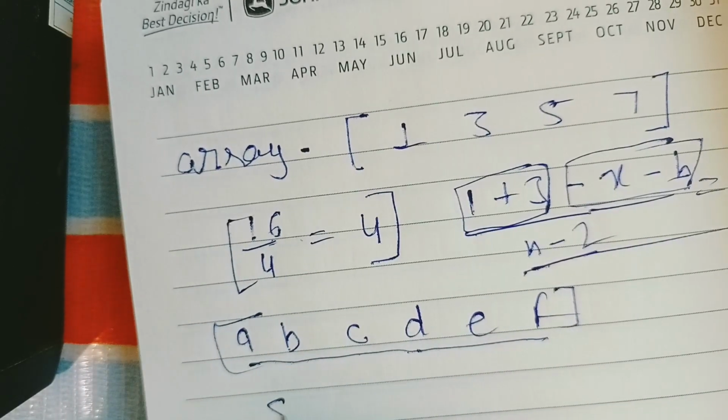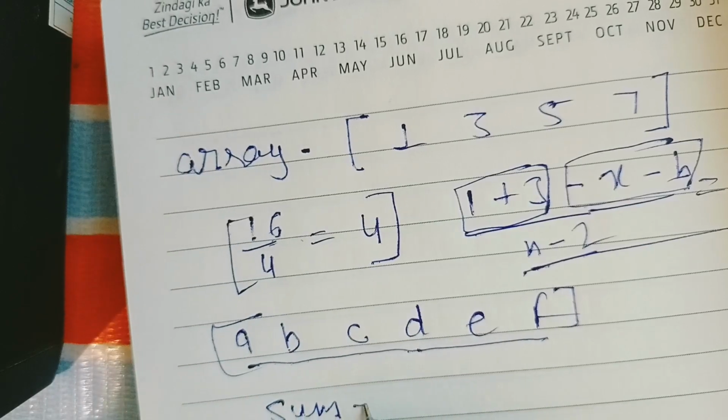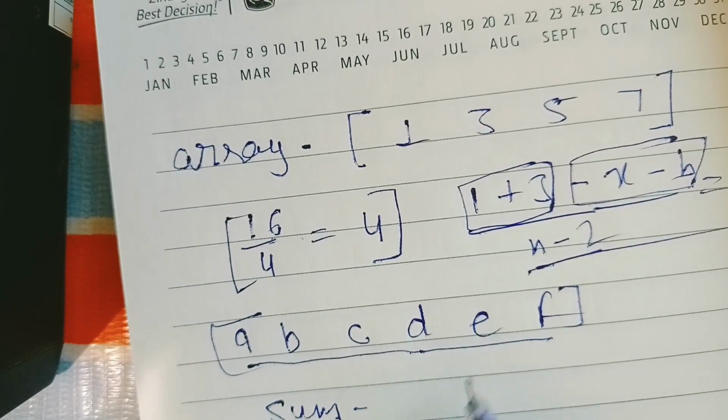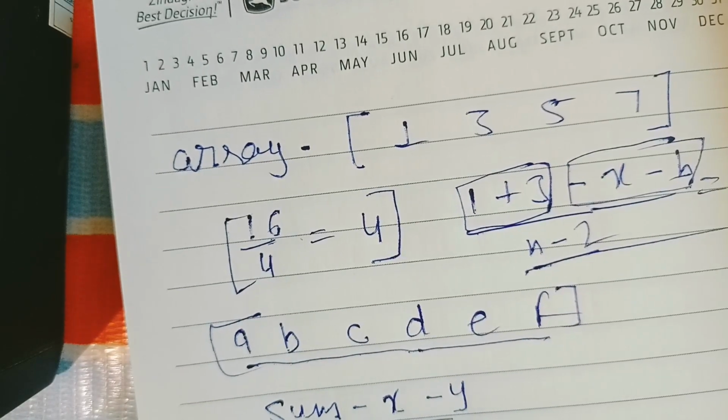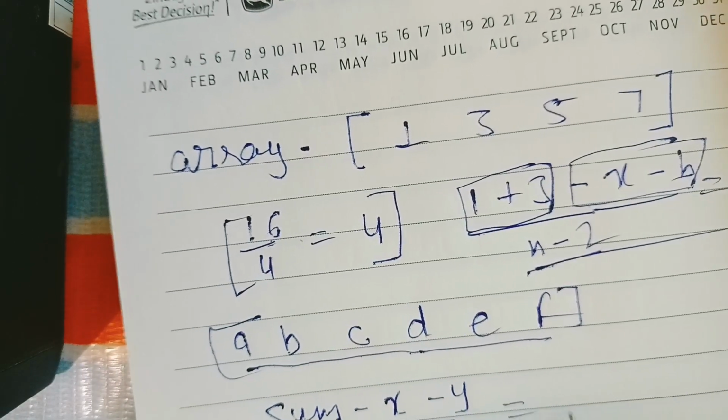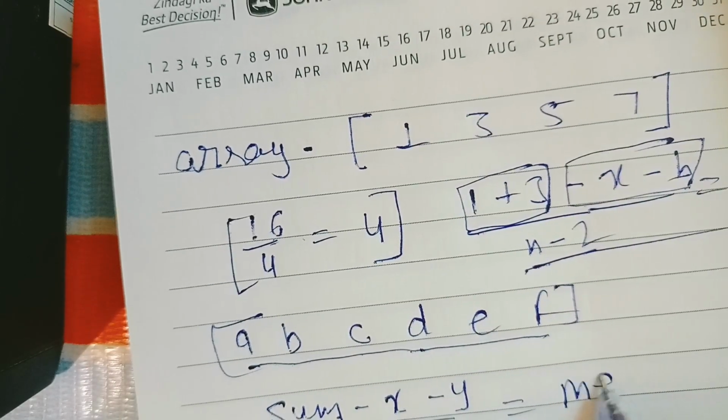The whole will be the sum, right? The sum minus two values, let's say x and y, divided by n minus 2, because I have decreased two values. It should be equal to the mean, right?